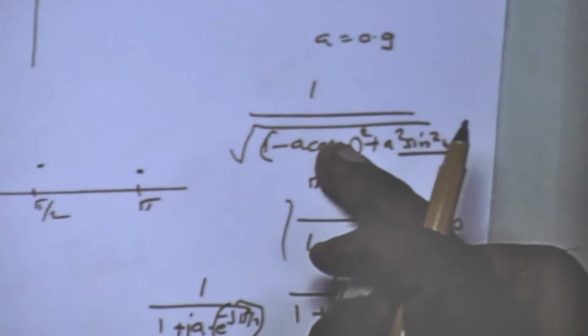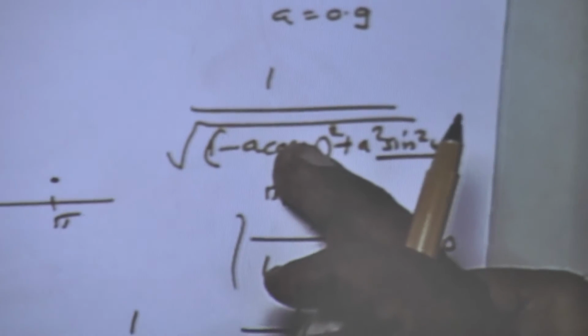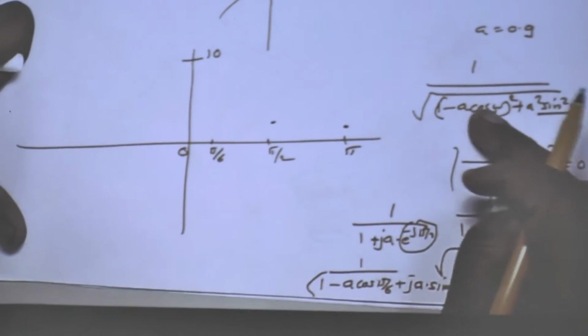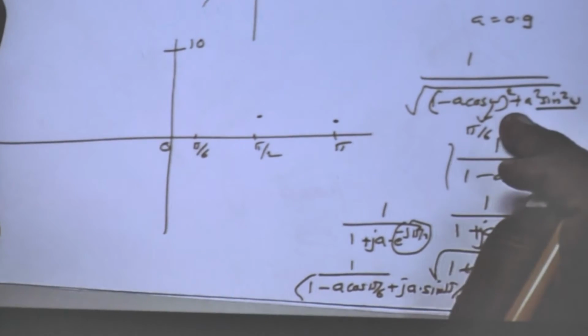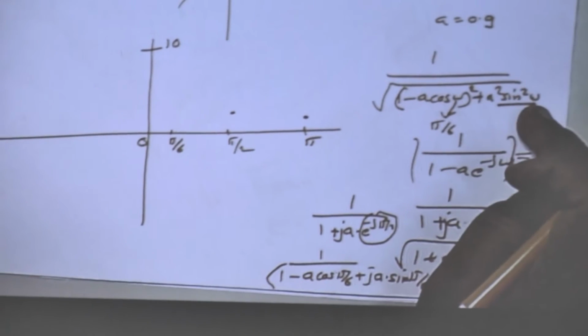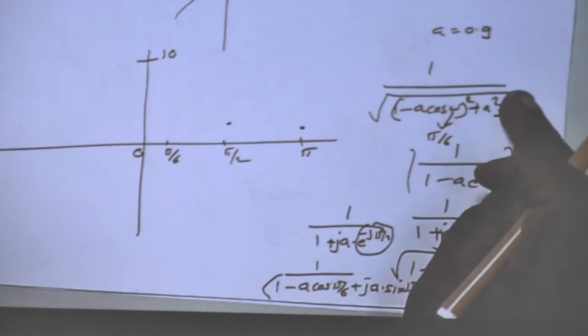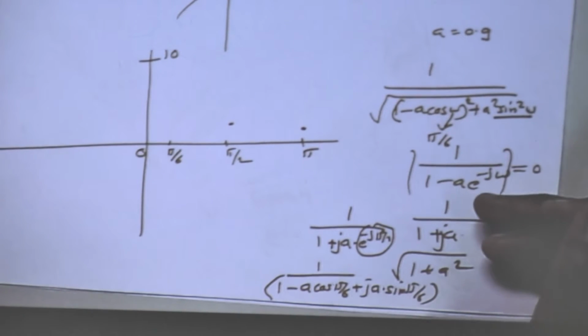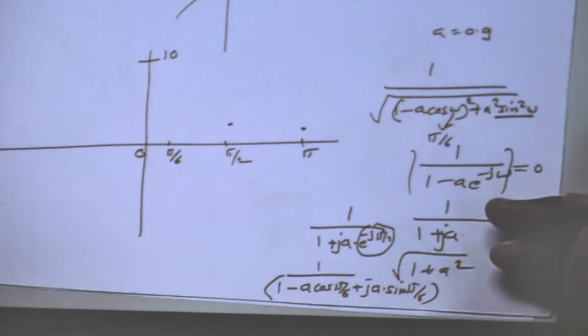Root 3 by 2 into 0.9. 1 minus root 3 by 2 into 0.9, whole square, plus 0.9 square into sine square. Sine of pi by 6 is 1 by 2. This becomes 1 by 4. So, a square by 4. Tell me that value, square root of that and 1 by square root.